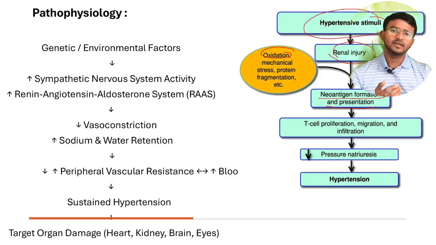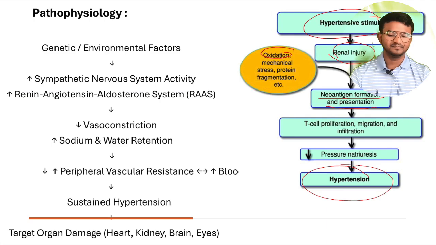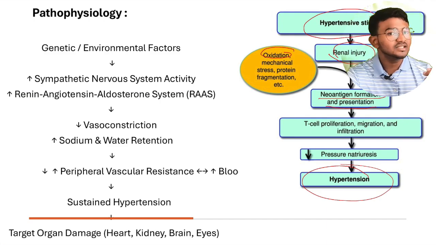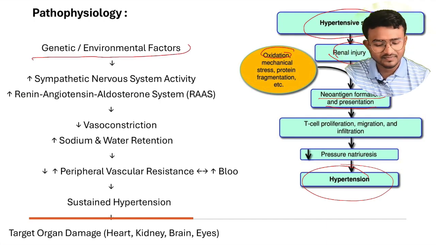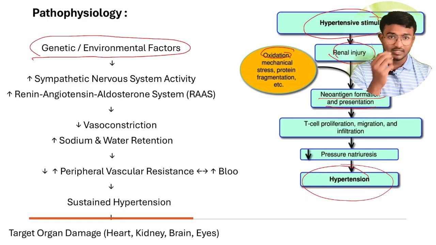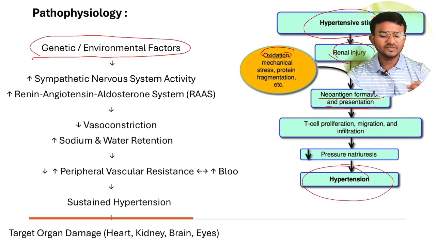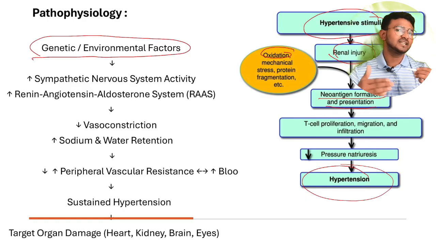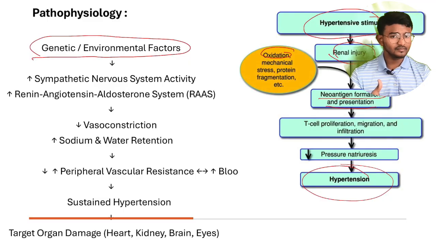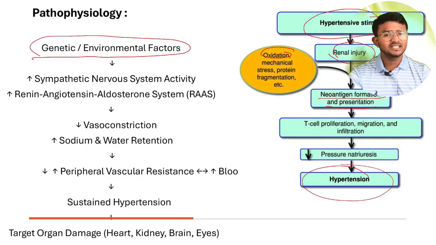So that natriuretic peptide will reduce, and because of this, the patient will get hypertension. Another thing, because of genetic and environmental factors, it will activate the sympathetic nervous system. Because of the increased sympathetic nervous system activity, it will activate the RAS mechanism. RAS means renin angiotensin aldosterone system.